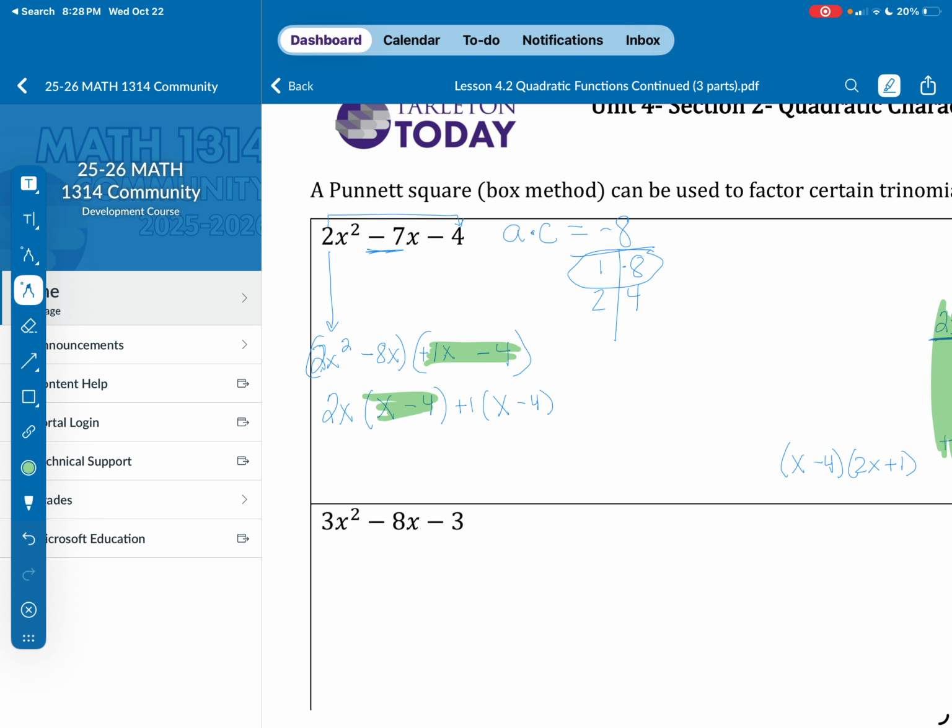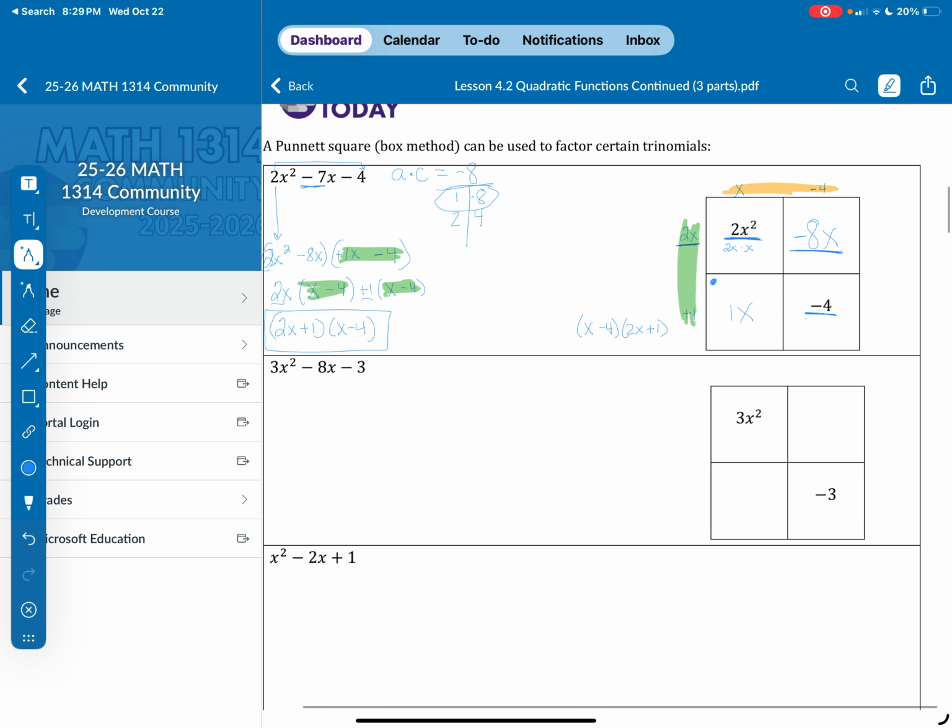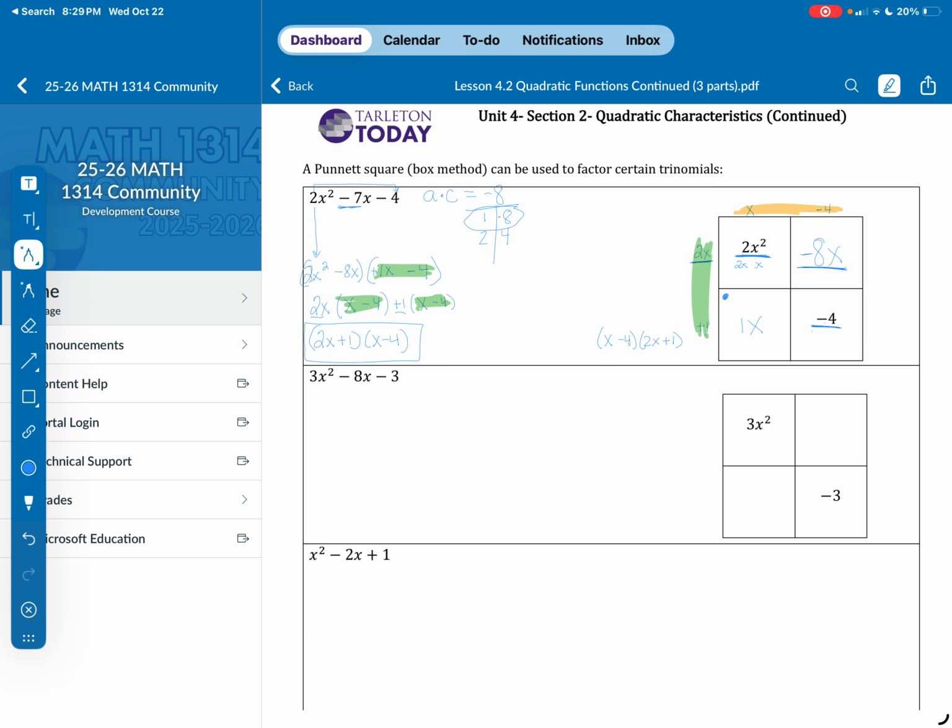Okay, so my parentheses still match. They still match, but I now have a binomial, which is what we have to have for our answer, okay? So I would bring my 2x down, so I have 2x plus 1 and x minus 4. Okay, all right, and that would be your answer, which is the exact same thing that we got over here on our Punnett square.